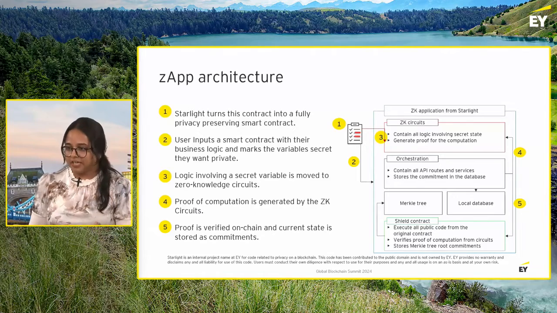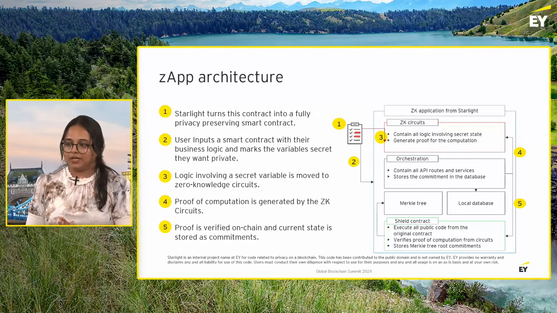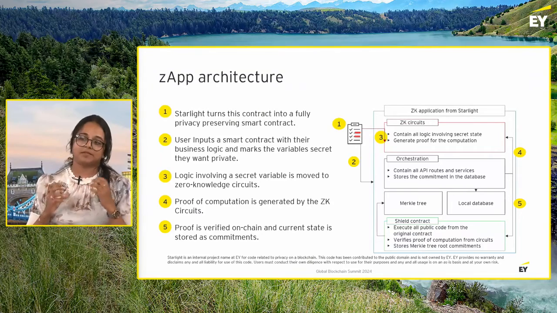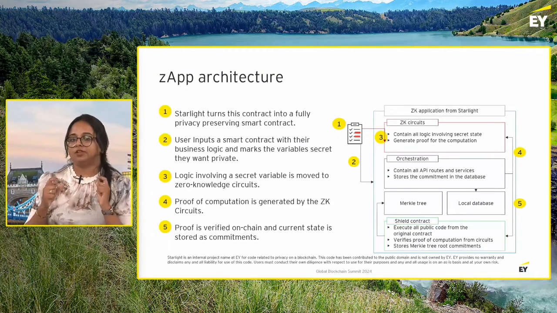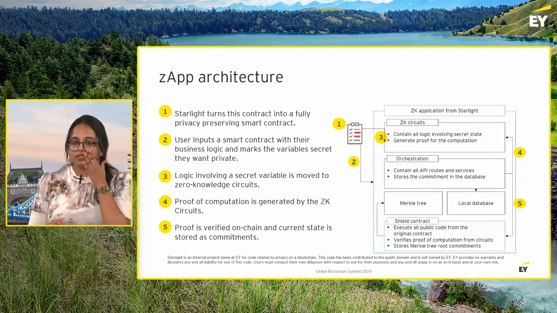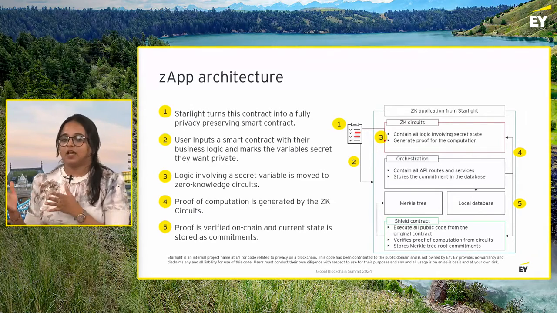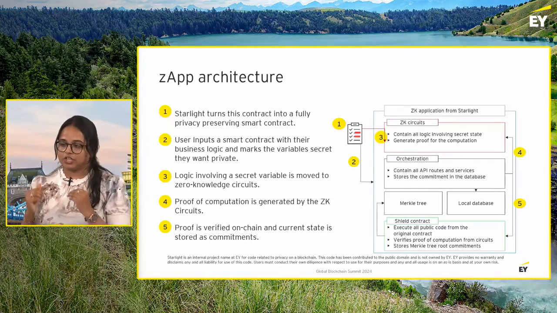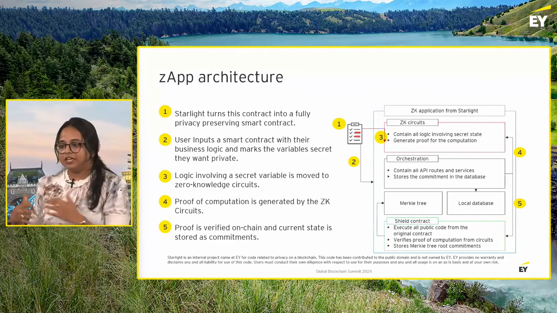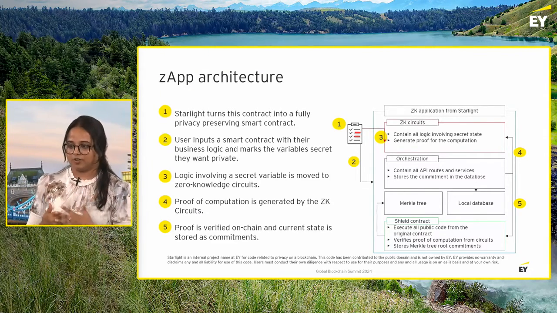After the verification, it updates our local database for the new commitments. So orchestration becomes an important part of the zero knowledge application that we get from Starlight, and the OCM has scaled up these orchestrations so that they can be used for different zaps, for different use cases, for the different smart contracts that we have.